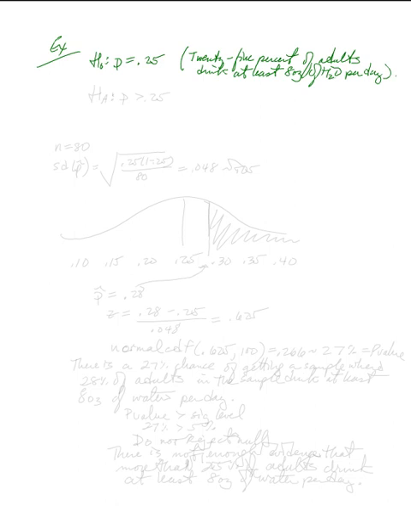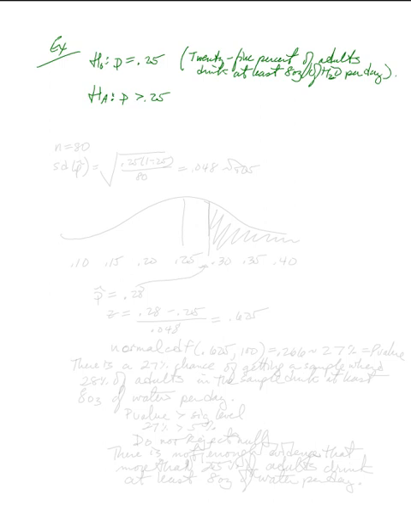So let's say that's something we're testing. And then the alternative is p is greater than 25%, so that would be more than 25% of adults drink at least 8 ounces of water per day.